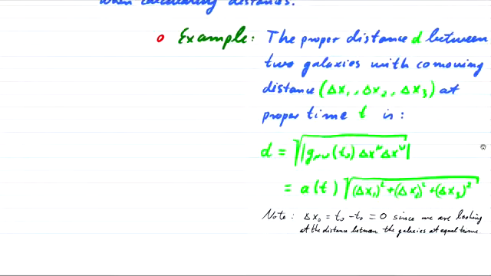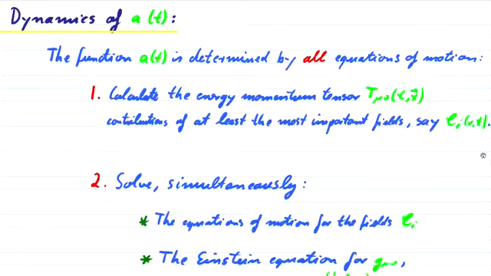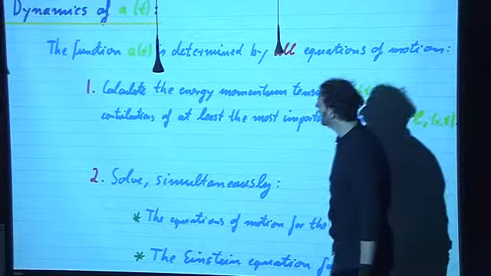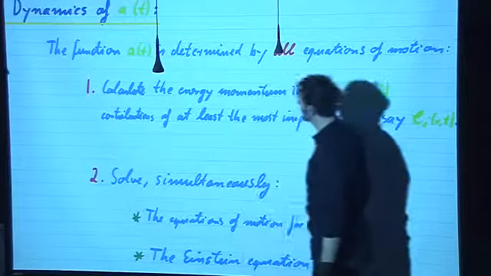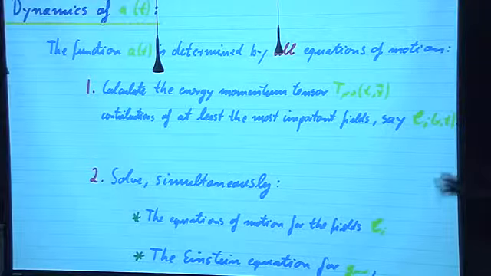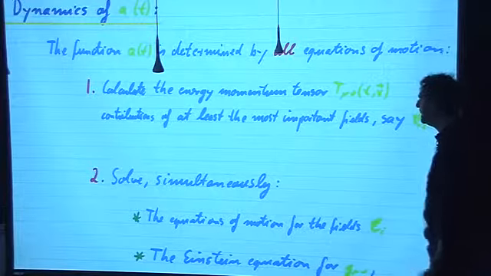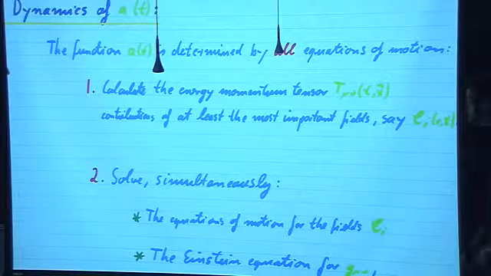So what then is the dynamics of a of t? Well, easy to say. The function a of t, the scale factor function, is determined by all equations of motion. But literally all of them. And how is that done? Well, in principle, you have to do this.